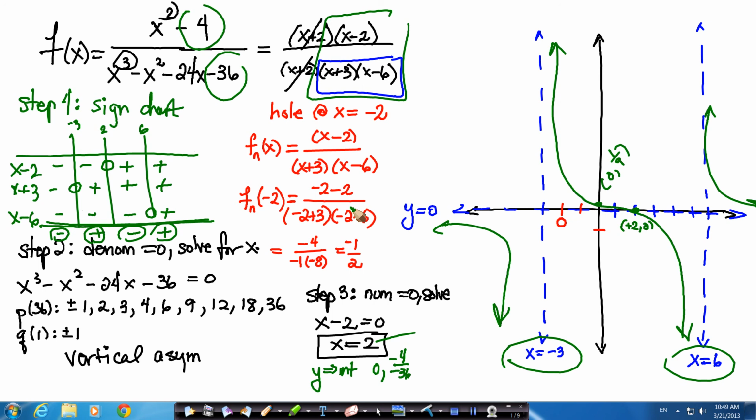What happened here? Oh, this should be positive, shouldn't it? So this guy should be positive, which means this hole should be right here, not down here. See, even professors make mistakes.